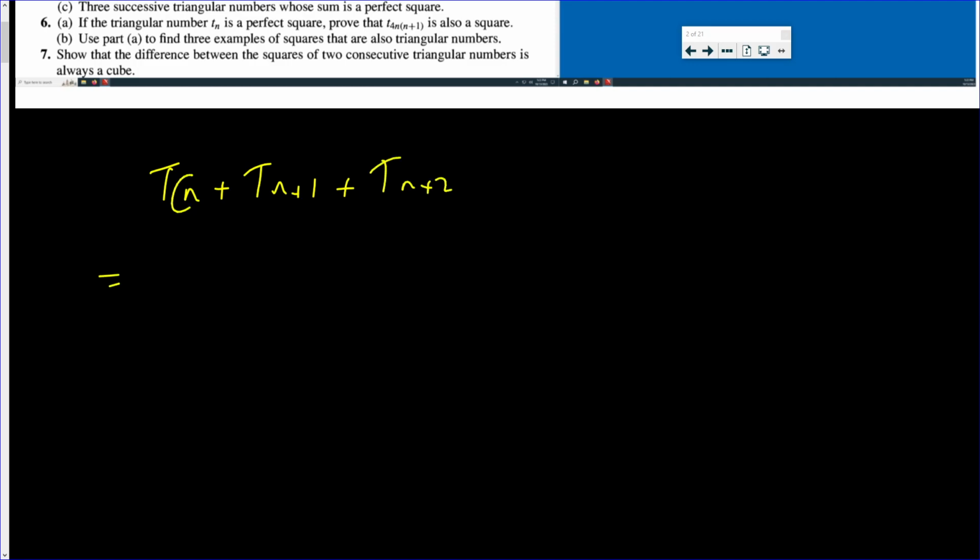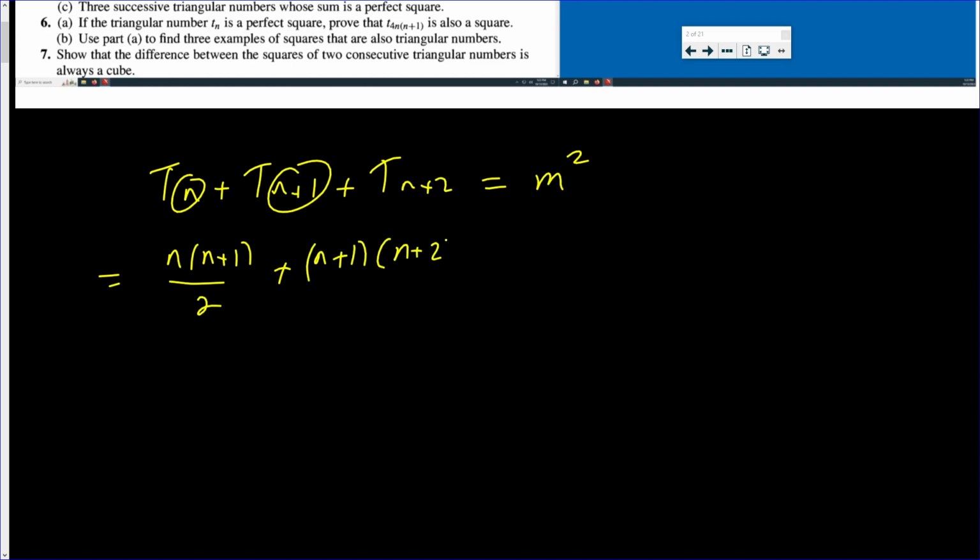Well, Tn is that number times 1 more over 2. And just so I don't forget, that's supposed to be something squared. Plus that number times the next number over 2. Plus that number times the next number over 2.